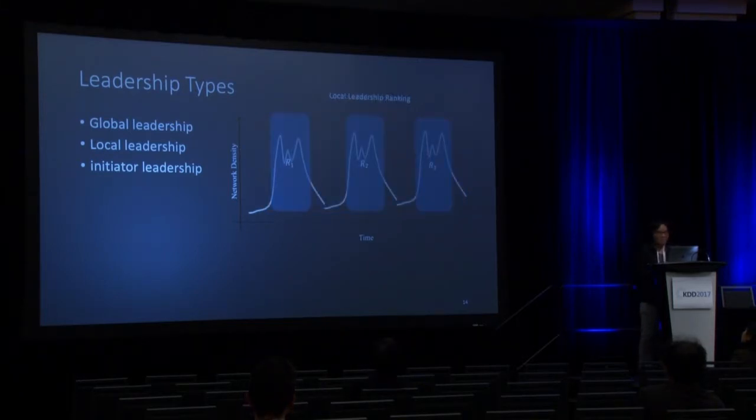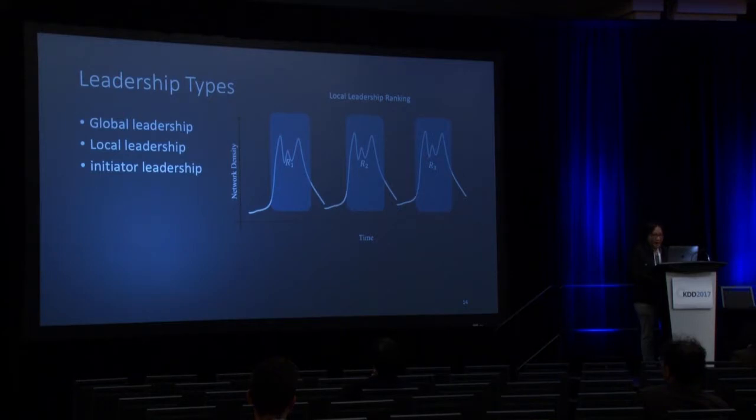Well, another concept is local leadership ranking. We have the rank order list for its coordination interval, because we can detect which period is a period of coordination interval. So we can do the ranking just for that specific period.